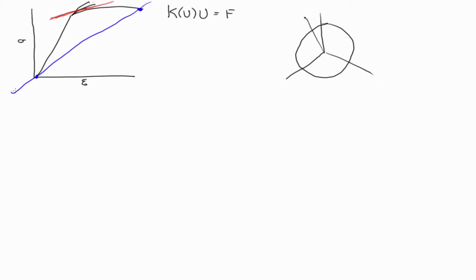So instead of going straight from 0 to 10, I'm going to go from 0 to 1 to 2 to 3 to 4 to 5 in increments. And at each load step, I'm going to run it through the Newton iteration and let it converge, right? That allows it to converge, because if you take one giant step like that, it's never going to converge, right? Because the tangent is not consistent with the response of the material.